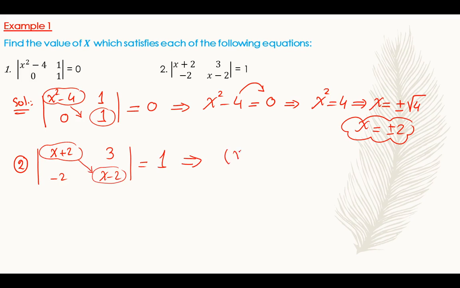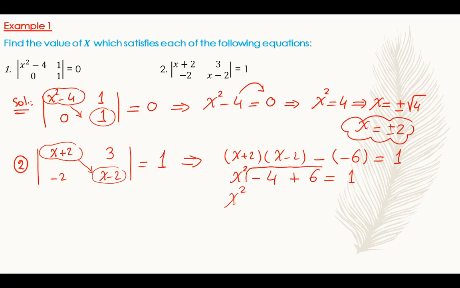It will be x plus 2 multiplied by x minus 2 minus 3 times negative 2. 3 times negative 2, it will be equal to negative 6. All of this equals 1. We have x plus 2 times x minus 2, it will be x power of 2 minus 4. Negative negative, it will be equal to positive 6. This is equal to 1. By adding, here we have x power of 2.